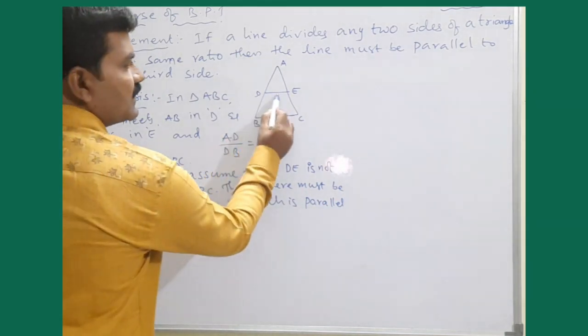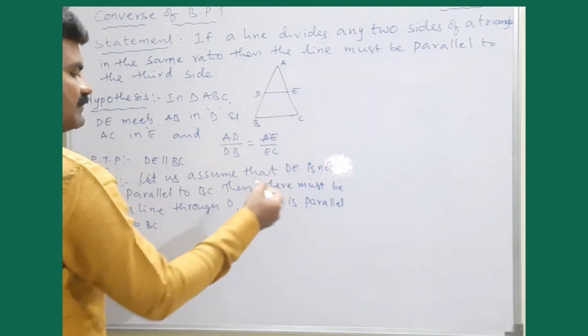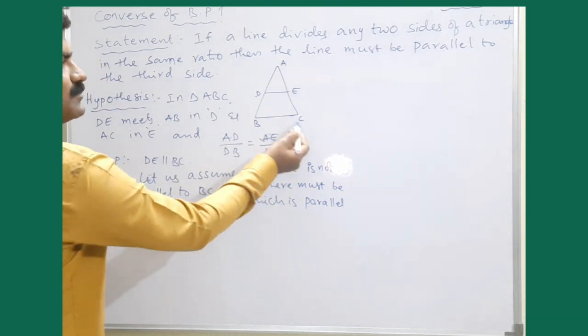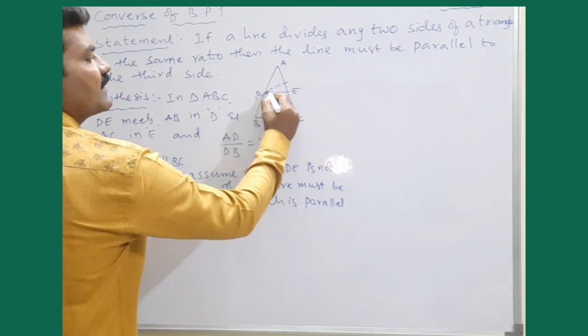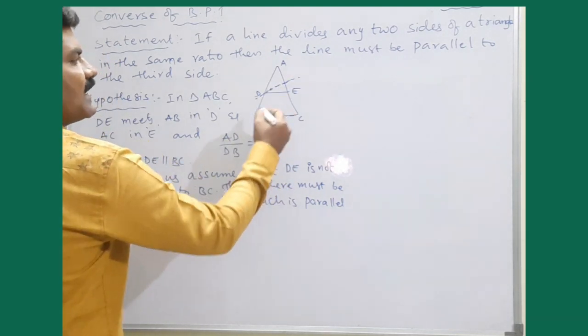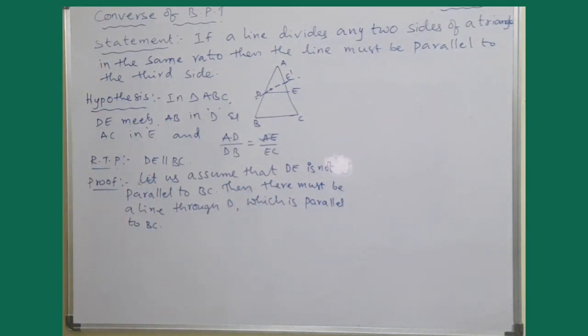If DE is not parallel to BC, then definitely there must be a line through D which is parallel to BC. Suppose this is the line which is parallel, and it meets AC at E dash.